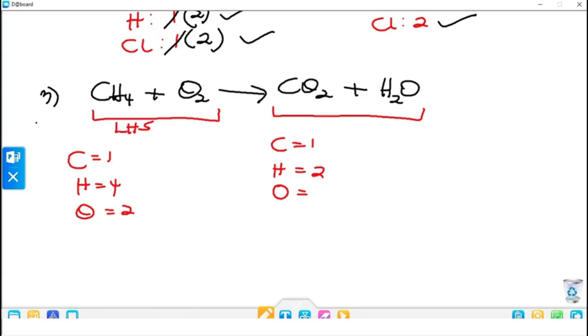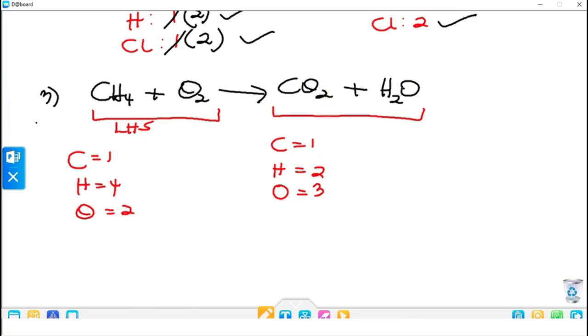I can hear someone say 2. How many oxygens do we have at the right hand side? We have 3. That's good. This is 2 and this is 1, so that is 3 oxygens at the right hand side.